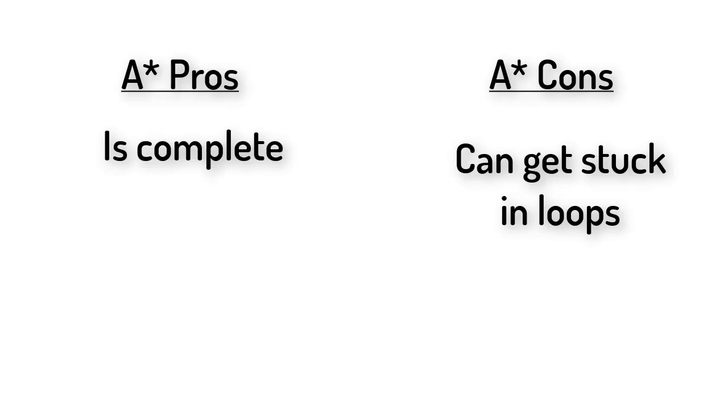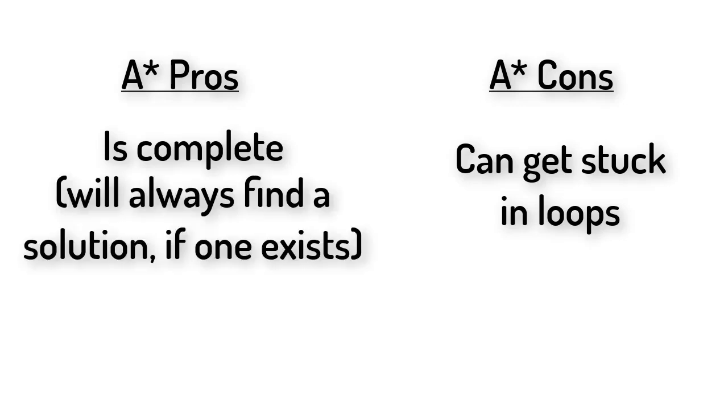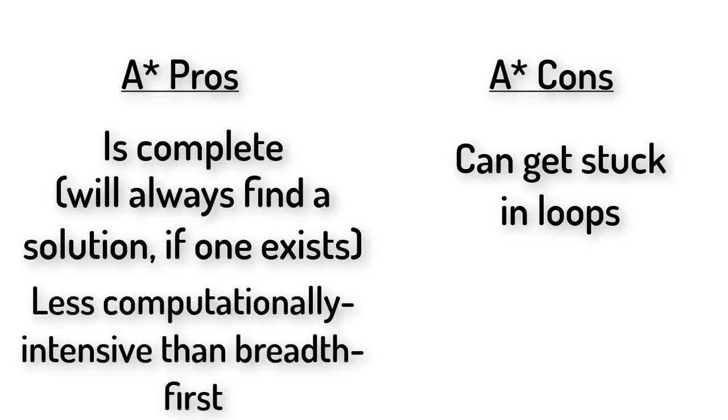A complete search is one that will always find a solution as long as one exists. The breadth-first search also has the property of being complete, but AStar in general will be less computationally intensive than the breadth-first search.